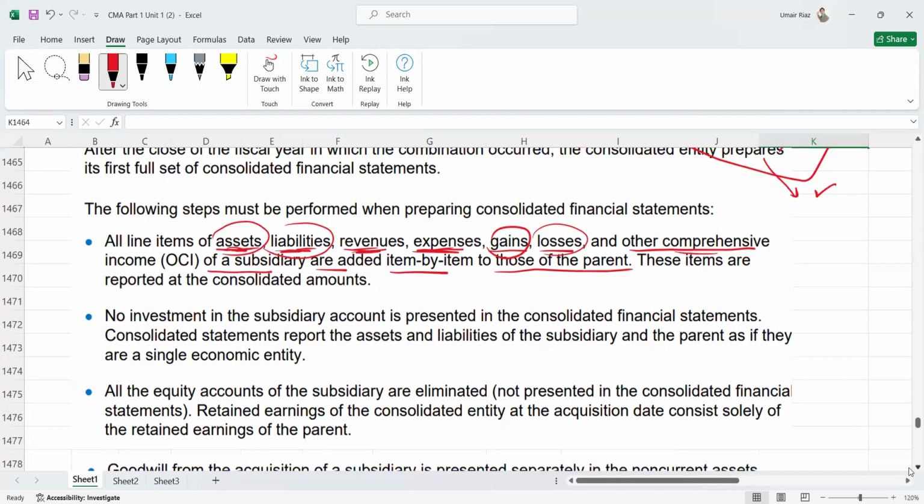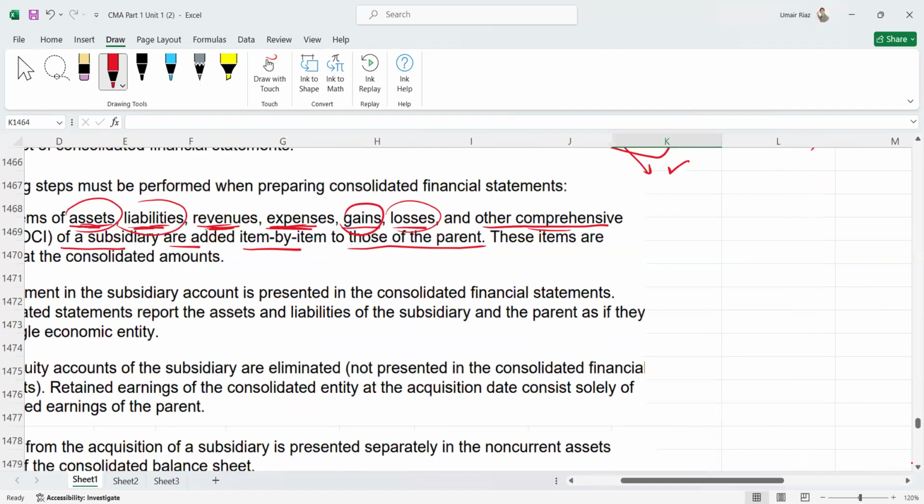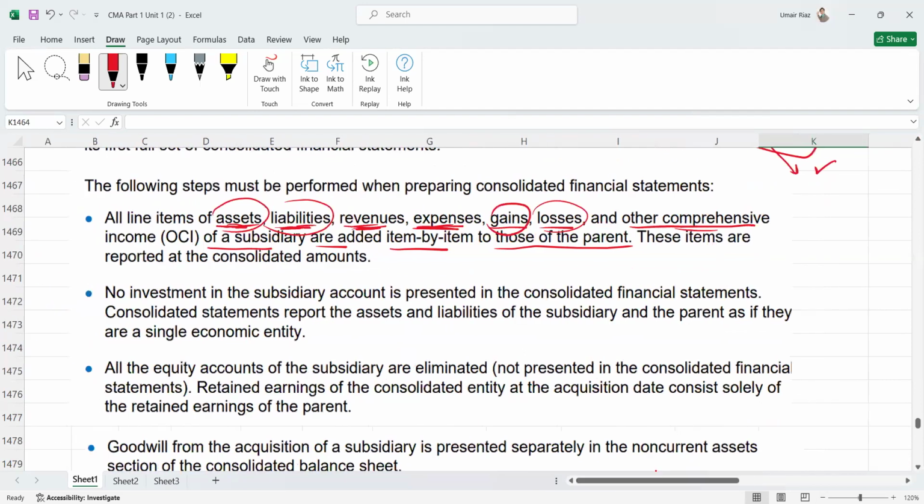Then we have the next step. Let me explain the second point now. Let's read first, then I'll explain. They're saying no investment in the subsidiary account is presented in the consolidated financial statements, right? Let me give you an example here.